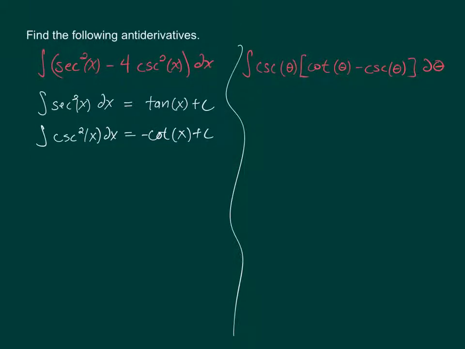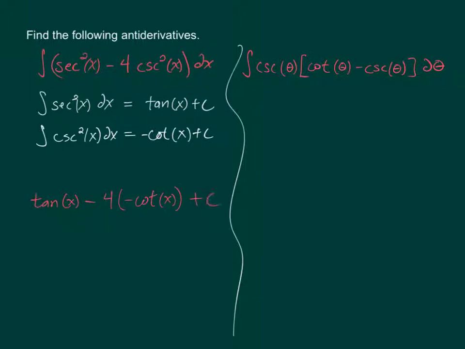So when you look at this antiderivative up here, the antiderivative of secant squared is tangent of x, so I'll write my answer down here in red. This will be tangent of x minus 4 times the antiderivative of cosecant squared, which is negative cotangent x.